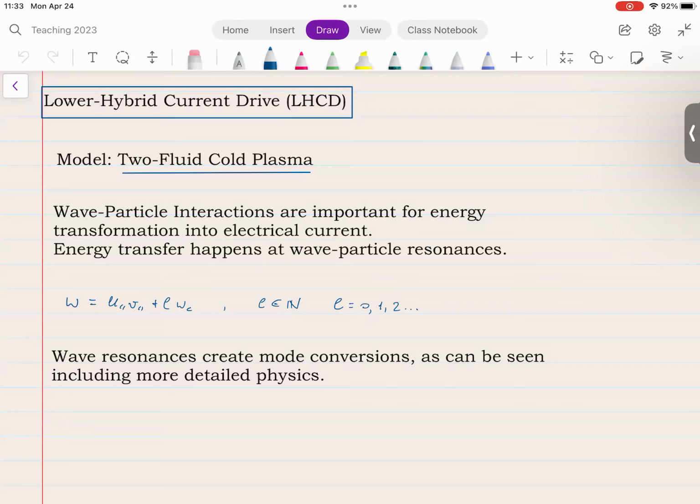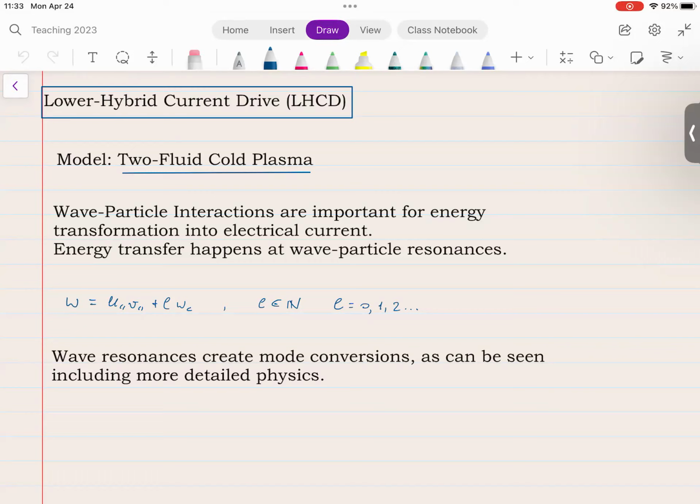Mode conversion means that the wave jumps to a different branch of the dispersion relation. Remember, the dispersion relation is going to be some type of equation, depending on how we write it, and that may change the variable.